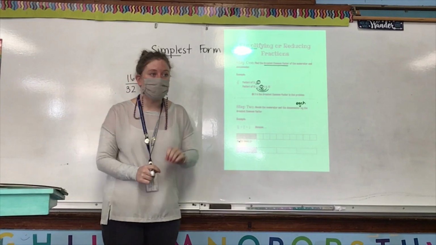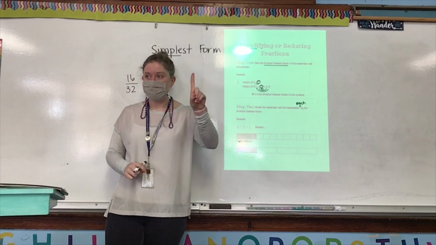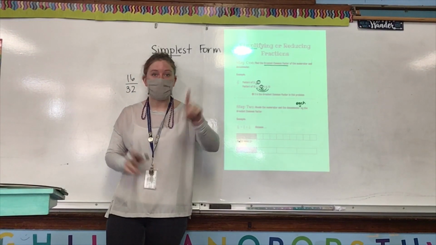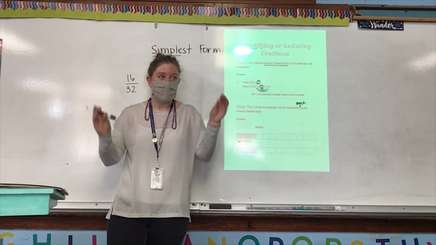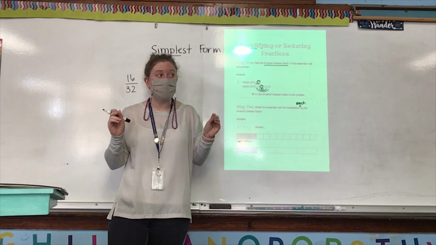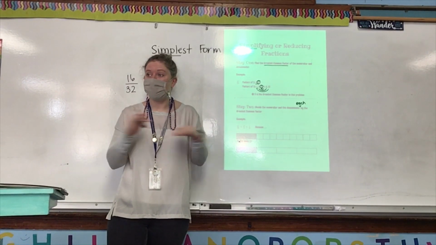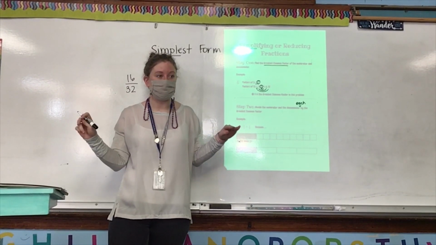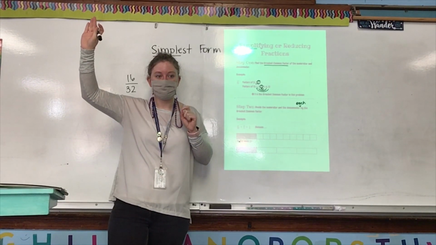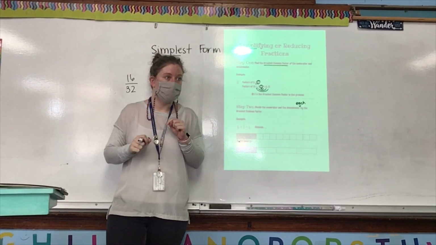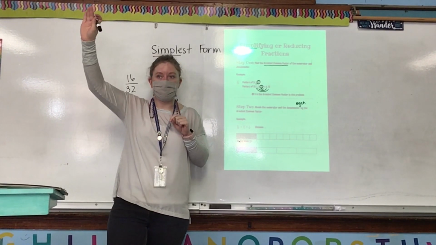Whenever we have a 1 as the numerator, the fraction is already in simplest form. Because, remember, to get simplest form, the numerator and the denominator have no factors other than 1 in common. How many factors of 1 are there? Carla? A lot. How many factors of 1 are there?